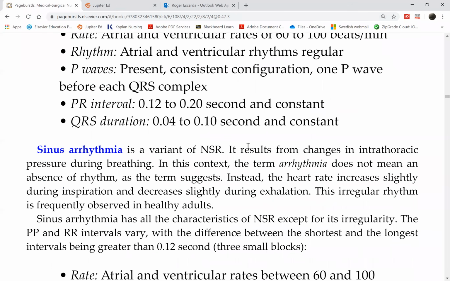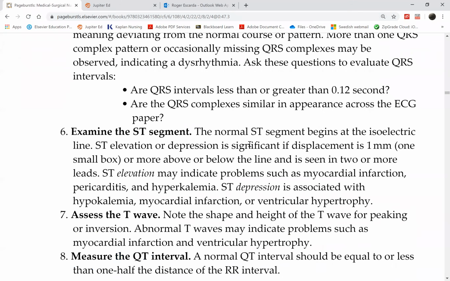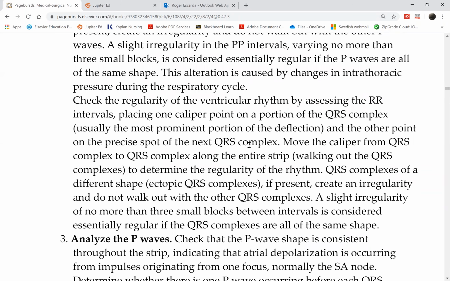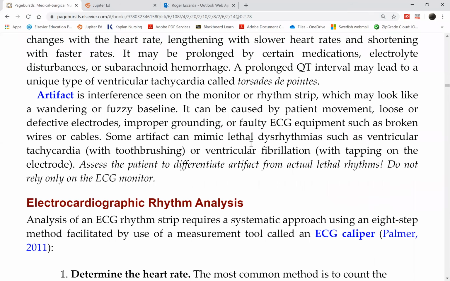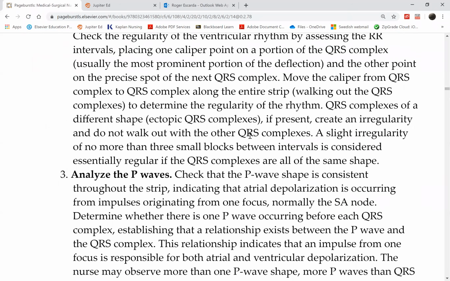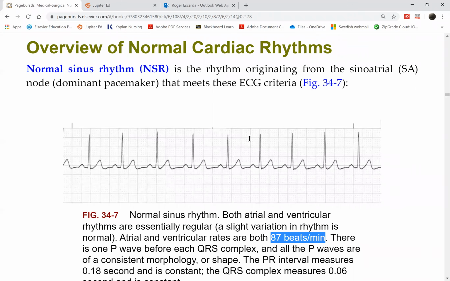So the next method. Remember we measured earlier how many small blocks and how many big blocks there are in the rhythm strip. So if one small block is 0.04 seconds and one big block is 0.2 seconds, correct? Yes.